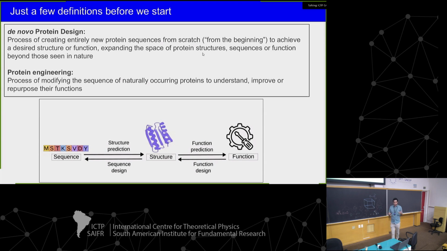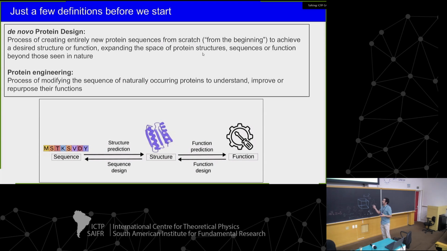But here we are most interested in this reverse part. So we start with a function and a structure. What is the sequence that you can generate to produce this function and structure? This is the design of proteins.